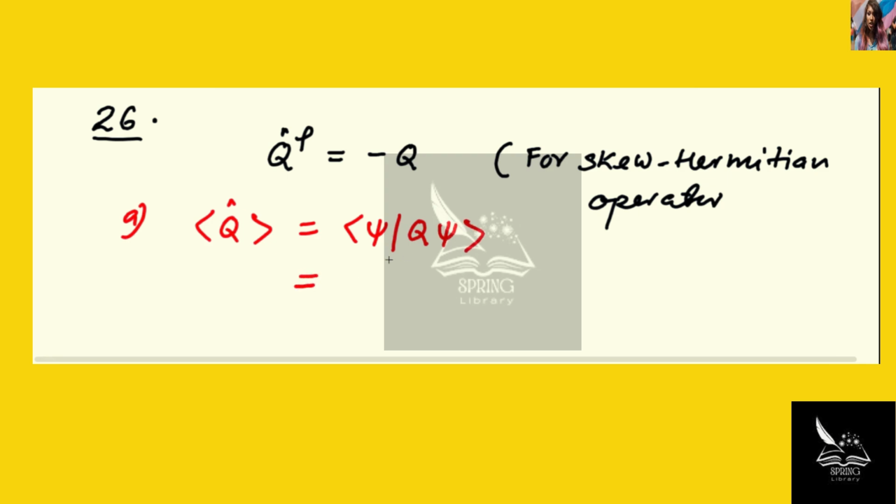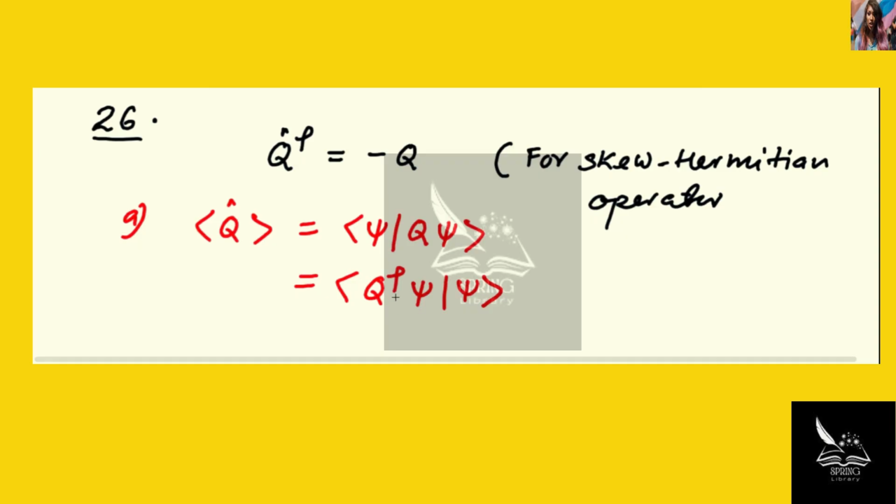If I move Q to this side, then I have to take the complex conjugate and transpose, so we write Q dagger psi, psi.